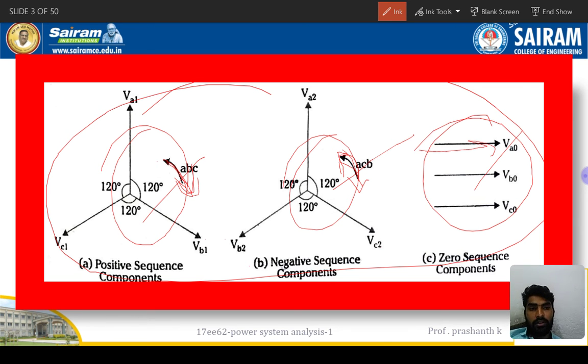That's why it is called symmetrical components. This is one waveform, another waveform, another waveform, occurring sequentially.